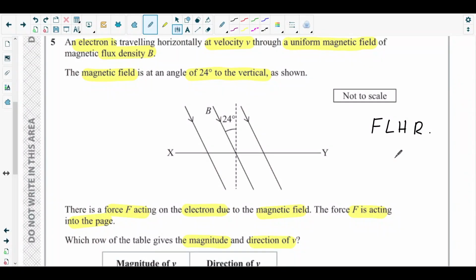For Fleming's left hand rule, the question says the force F is acting into the page. That means the thumb should be into the page.